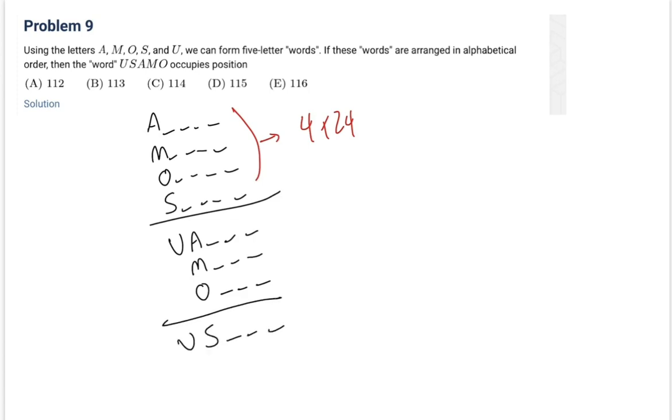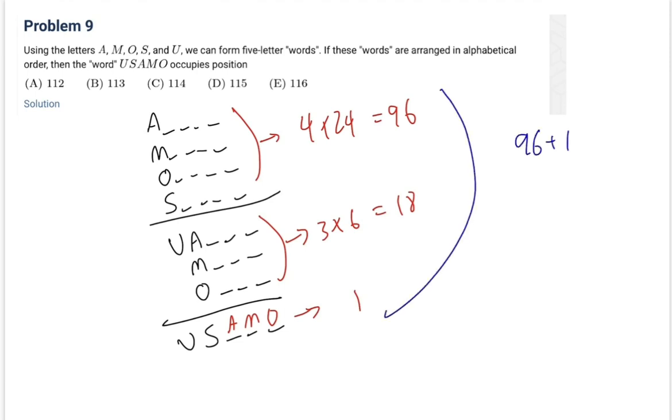And so these 3, similarly, there are 3 ways to do these. So it's 3 multiplied by 3 factorial, which is 6. So this is 18, and this is 24 times 4, 96. And then from here, it's the first word, A-M-O. So this is 1. So all of these, 96 plus 18 plus 1 equals 97 plus 18 equals 115. So it's D.